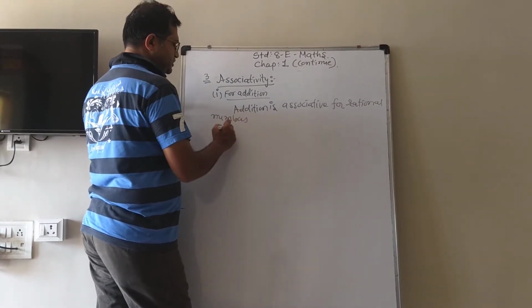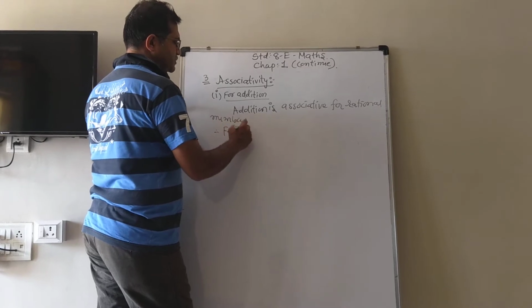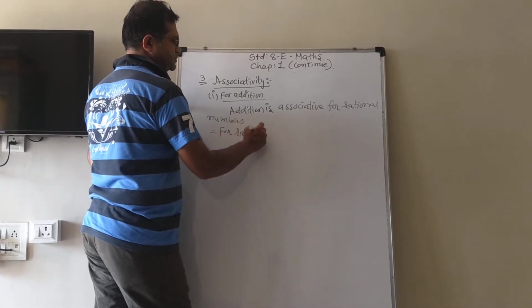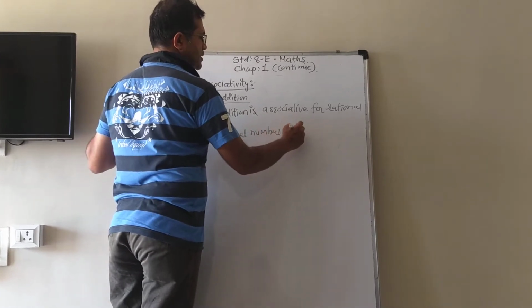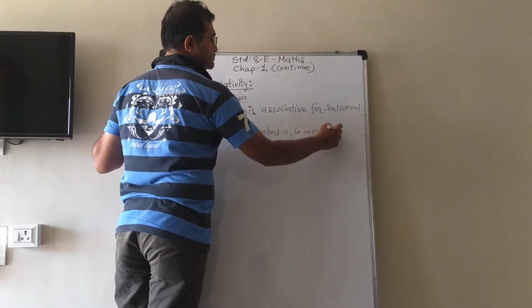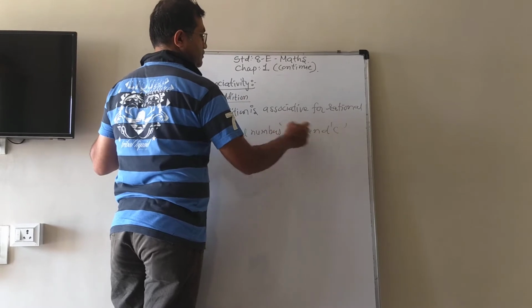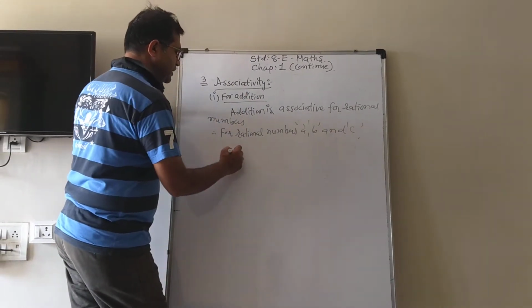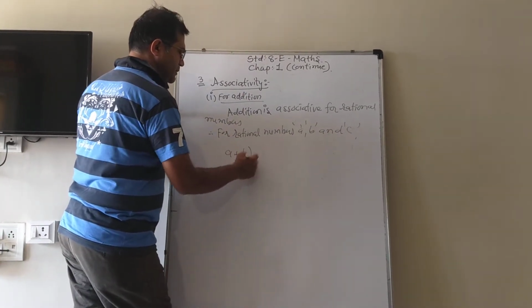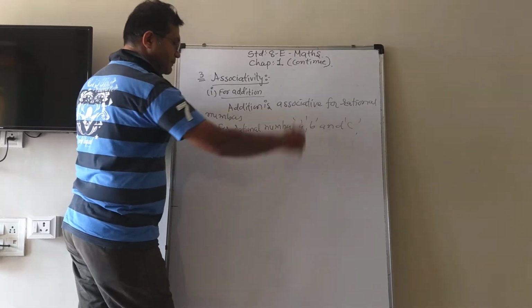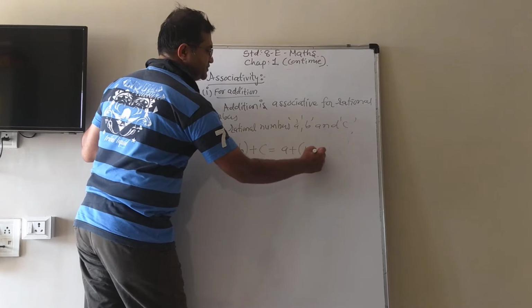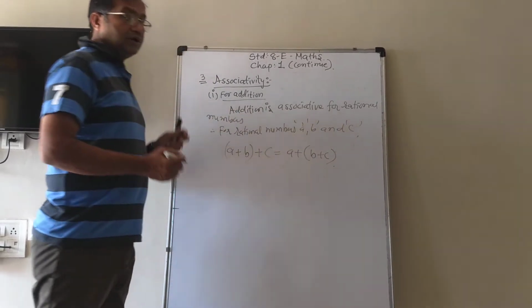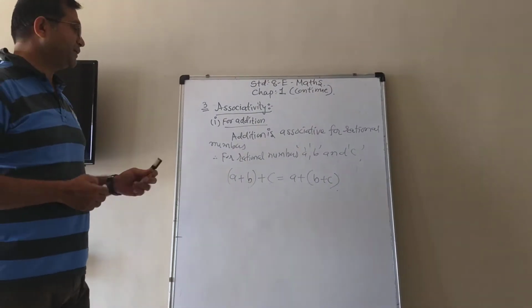So we can say that for rational numbers A, B and C, we can say that (A plus B) plus C is equal to A plus (B plus C).